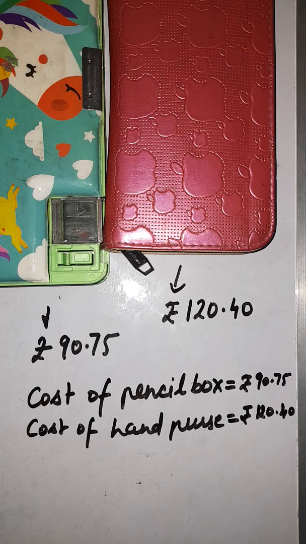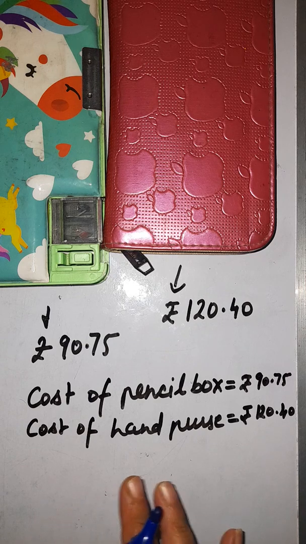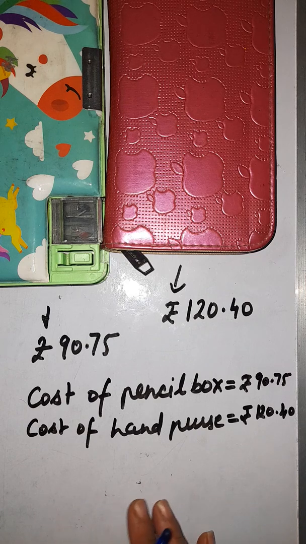So whenever we have words like we have to find out total, altogether, how much, how many, and sum of, that means we have to add both the numbers. It means that we need to add the given statement.